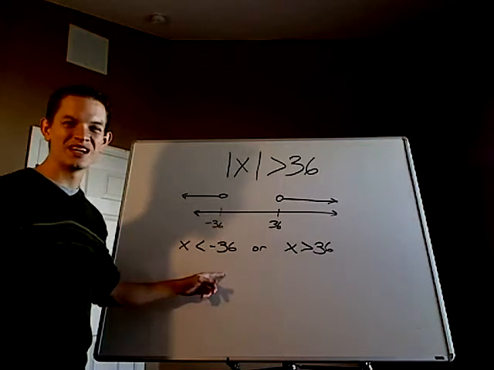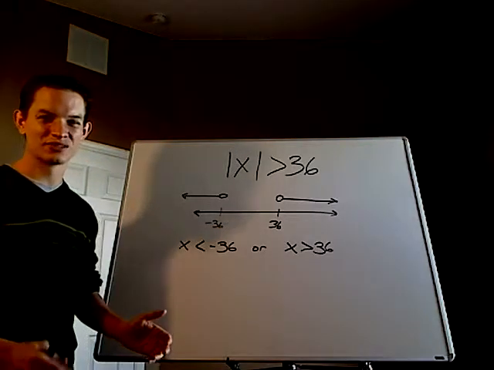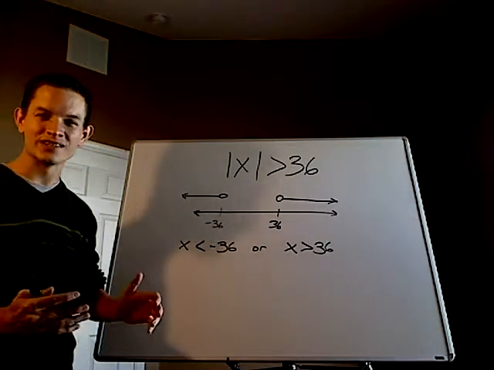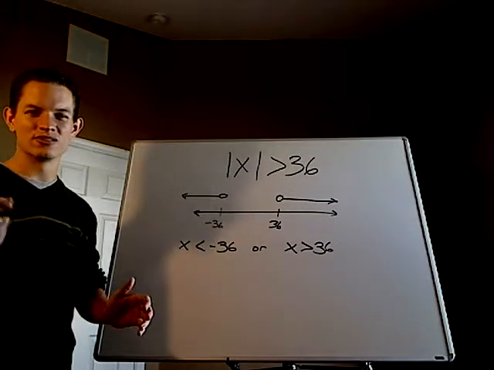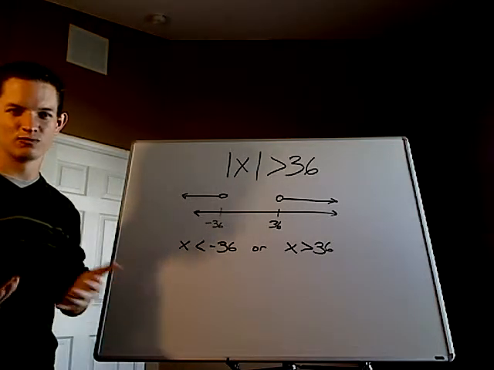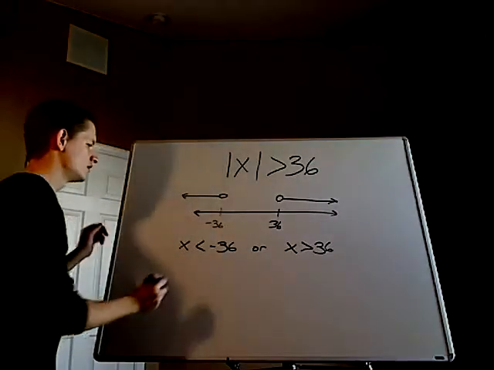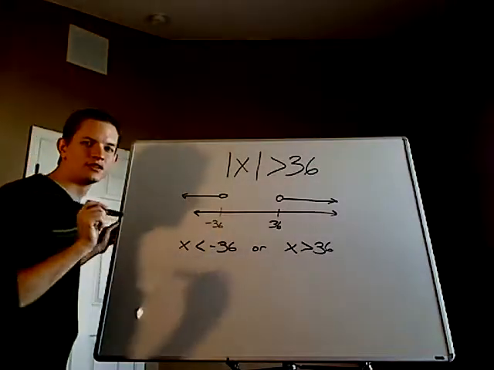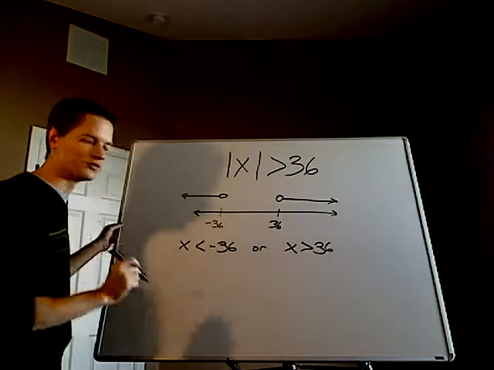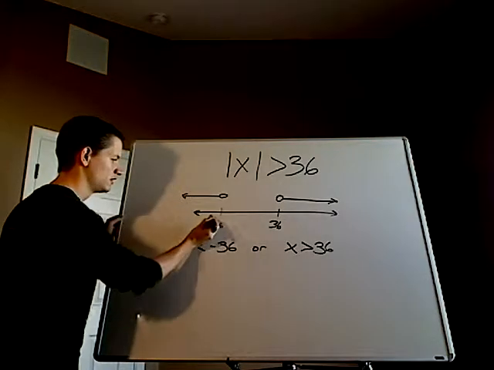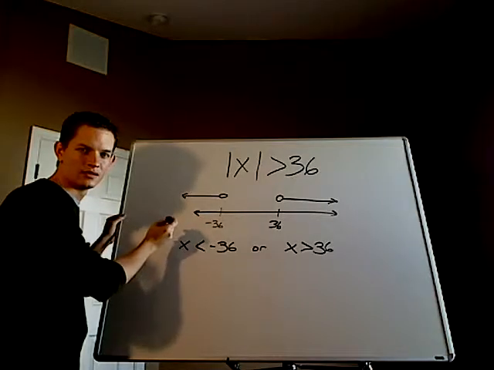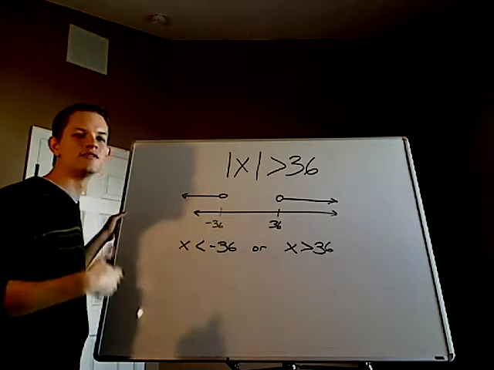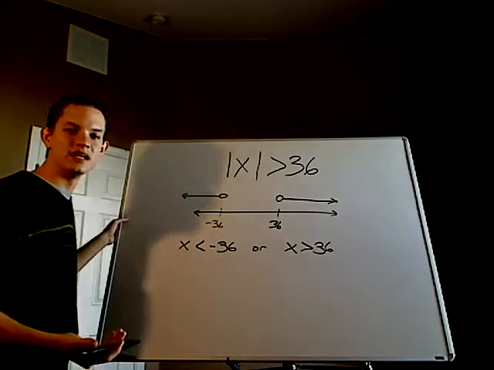So you set it up like this, but then your answer looks kind of funny. There's parentheses and infinity signs, you know, the sideways 8. What is that? That's infinity. Well, to do interval notation, go back to the number line. This is getting closer and closer to what? It's getting very, very large negatively.